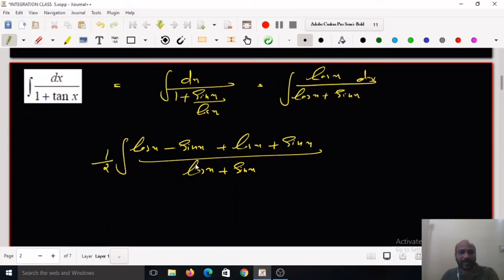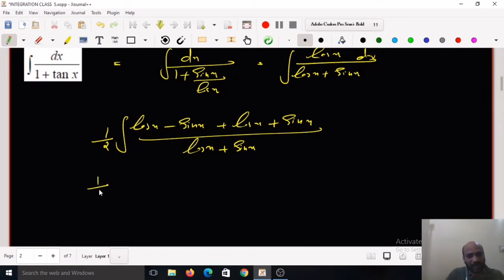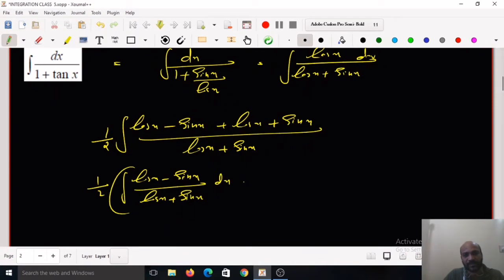Now we can split into two functions. 1 by 2 into integration of cos x minus sin x by cos x plus sin x, that is the first term. And the second one is integration of cos x plus sin x by cos x plus sin x, that is 1 dx.